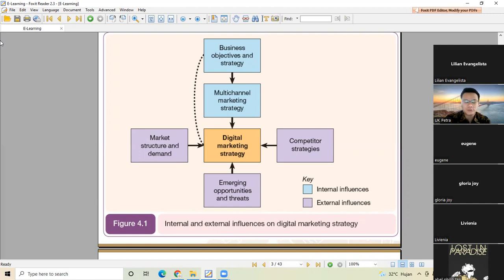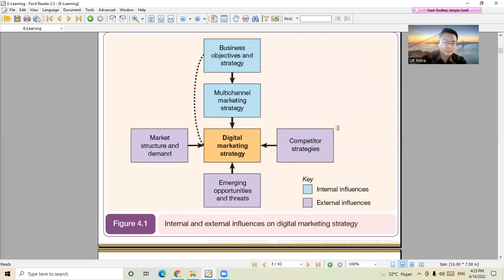You may not use Facebook because, as research suggests, Facebook is no longer being used widely by young people. But if your target customers are adults, 45 years old or older, you may use Facebook. And of course you have to incorporate the Facebook digital marketing strategy in your overall marketing strategy.